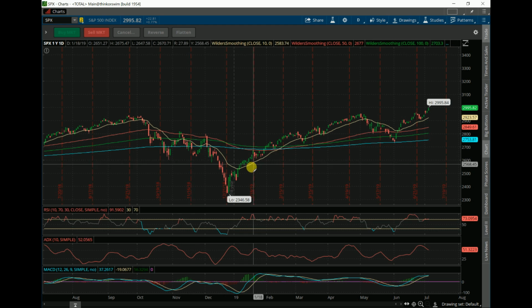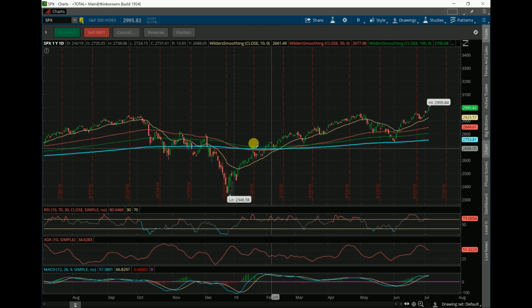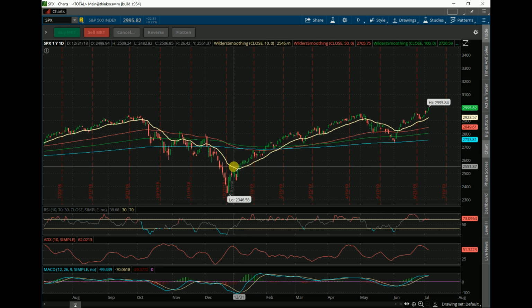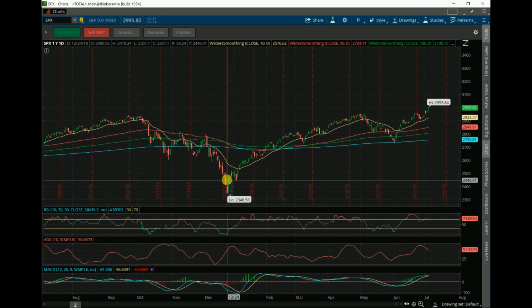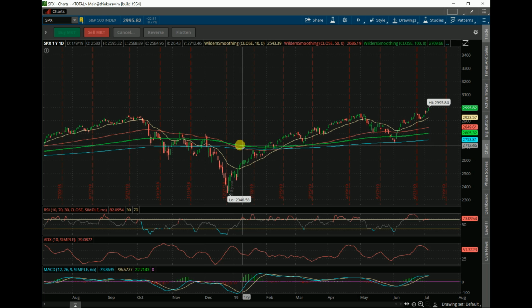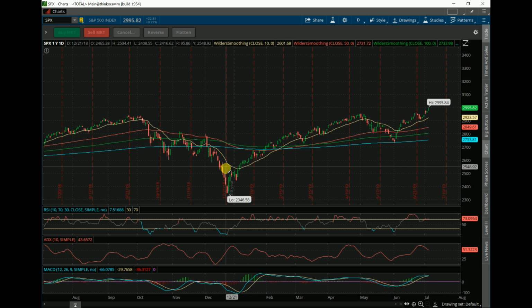And then when they all got close, bunched up together over here when the correction bottomed out, the 10-day was down below because it follows the price a lot more rapidly. But the 50, 100, and 200-day averages were all bunched up right next to each other. And when that happened, you see the price came back up rapidly and then kept rallying from there.